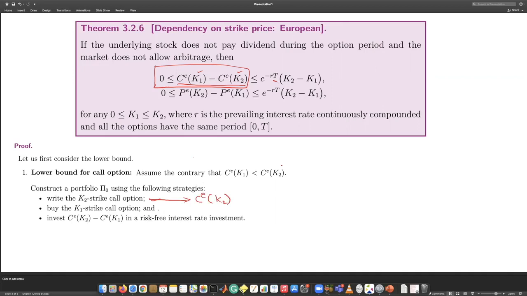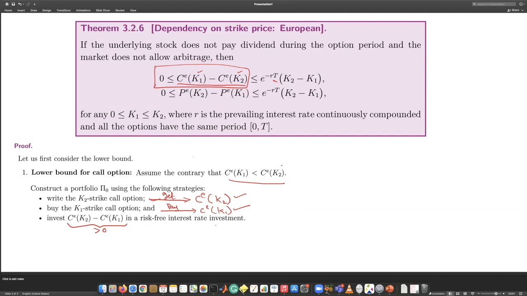And when you buy the K1 strike call option, you will have to pay C_E(K1), right? So you got this money and you paid this money. Therefore, what you have in hand is the difference between them, that is C_E(K2) minus C_E(K1). Since you have assumed that C_E(K1) is less than C_E(K2), this will be positive. Therefore, put that money into some risk-free interest rate investment. For instance, you can simply put it in your savings bank account.